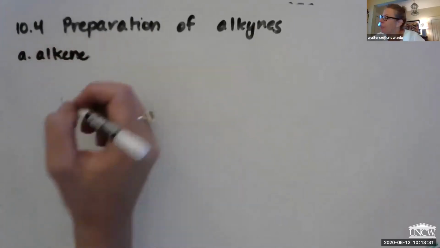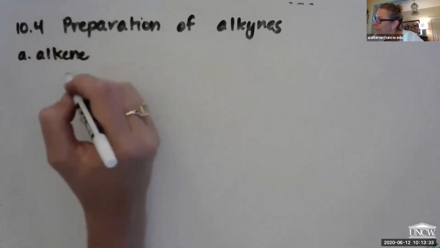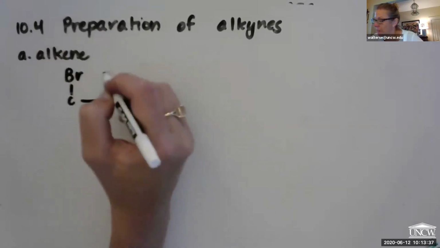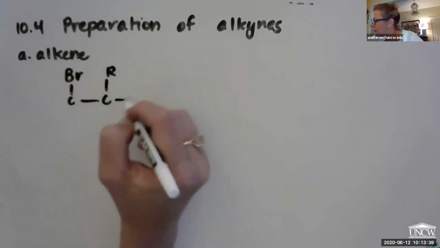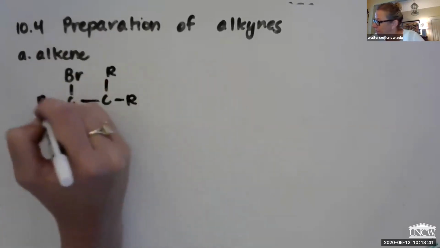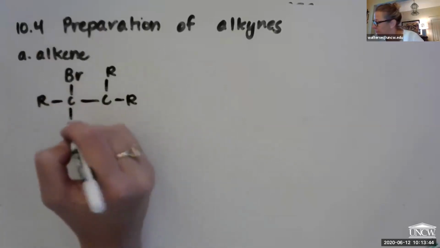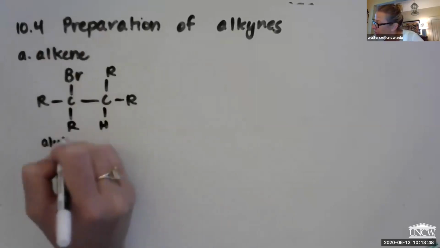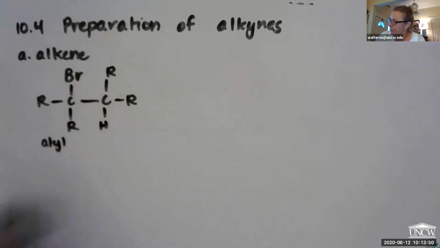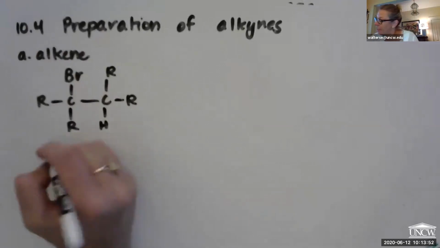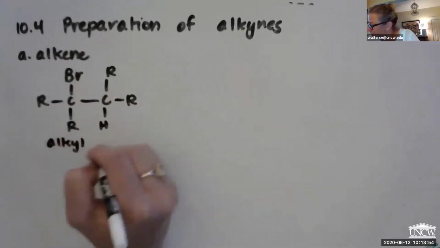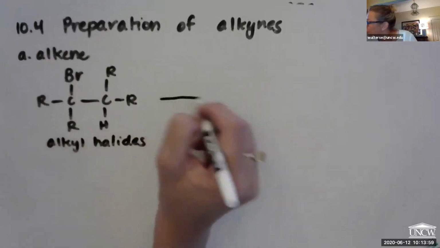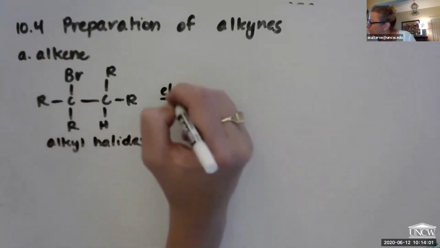When you have an alkene, you're primarily going to use alkyl halides, and you're going to do elimination reactions.